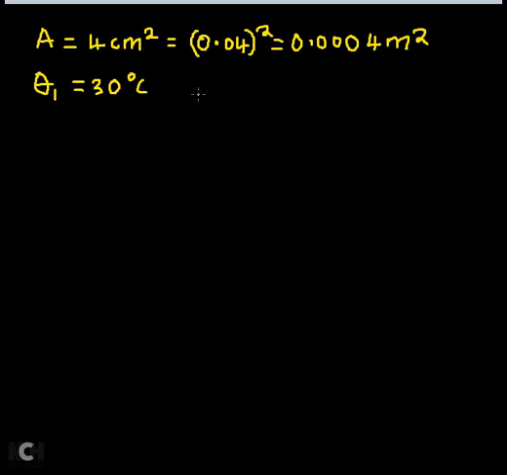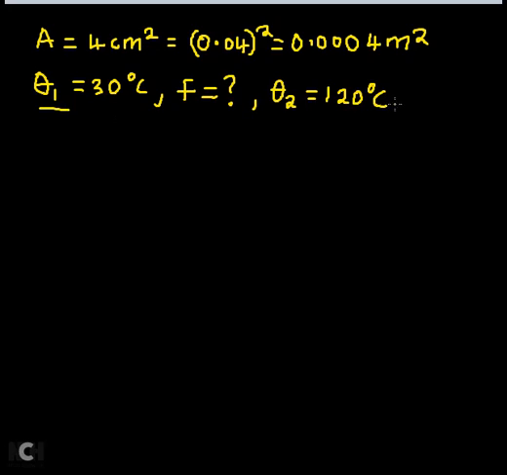All right. Now the question is, determine the force. So this time around we are looking for the force of compression. So determine the force which opposes the expansion when the temperature increases, theta 2, from 30 degrees Celsius to 120 degrees Celsius.